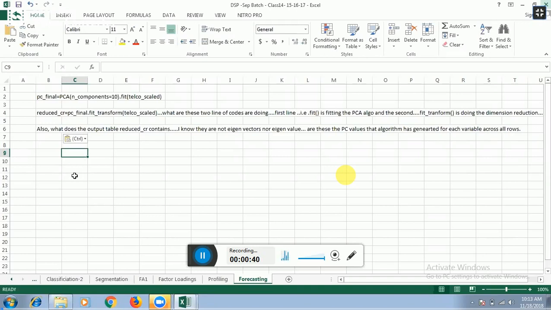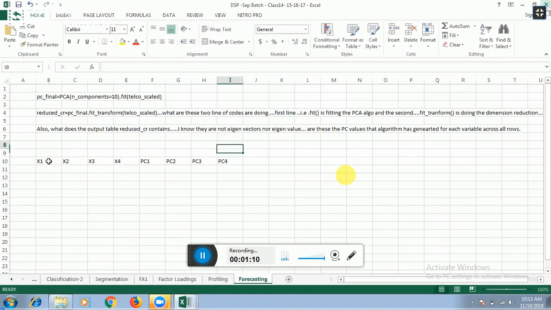So I think yesterday I was referring that the PC final is nothing but we are estimating the betas. You remember in factor analysis, each component is a linear combination of variables. When you are transforming this, suppose you have x1, x2, x3, x4, and you are creating PC1, PC2, PC3, PC4.